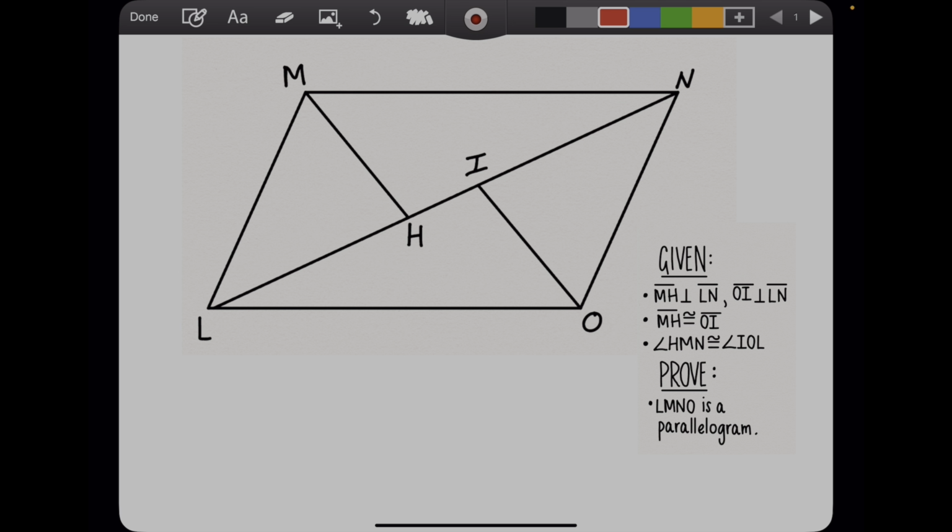So we're given that segment MH and LN form a 90-degree angle. So let's identify that here. And we have that segment OI and LN form a 90-degree angle as well. We have segment MH congruent to OI.